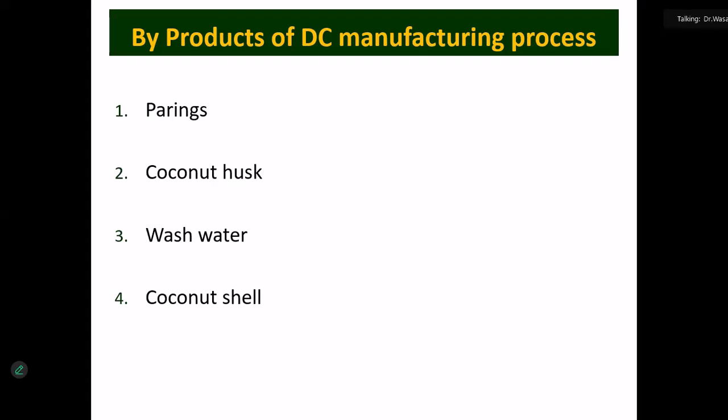You can prepare pipe. After that, during hatcheting, remove the shell. So what you can do? Coconut shell, you can prepare charcoal, activated carbon. After that, you remove the paring, the brown color layer. You can prepare coconut oil, crude oil.